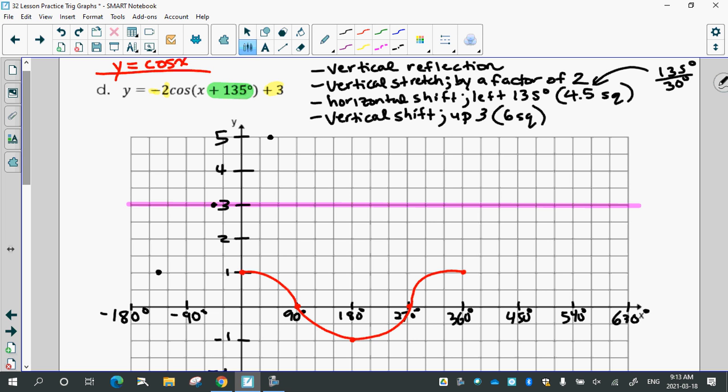So the 270 vertical reflection stays in the same spot, vertical stretch stays in the same spot. Left, 1, 2, 3, 4 and a half. Up, 1, 2, 3, 4, 5, 6.